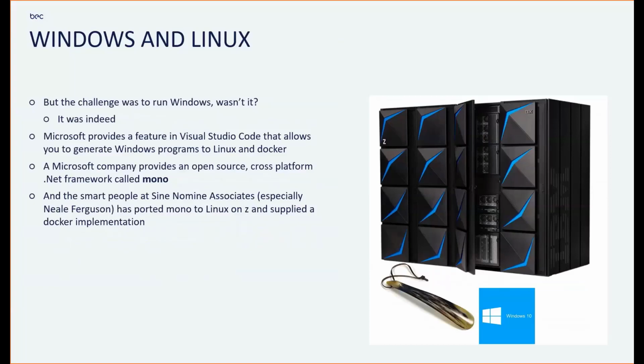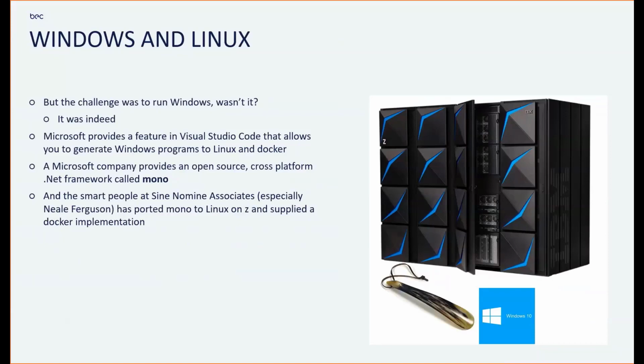But I'm talking Linux. And the challenge was to run a C# .NET Windows application. So what we needed here is another building block, which is called Mono. Mono is a runtime that allows C# Visual Studio .NET code to run on Linux.